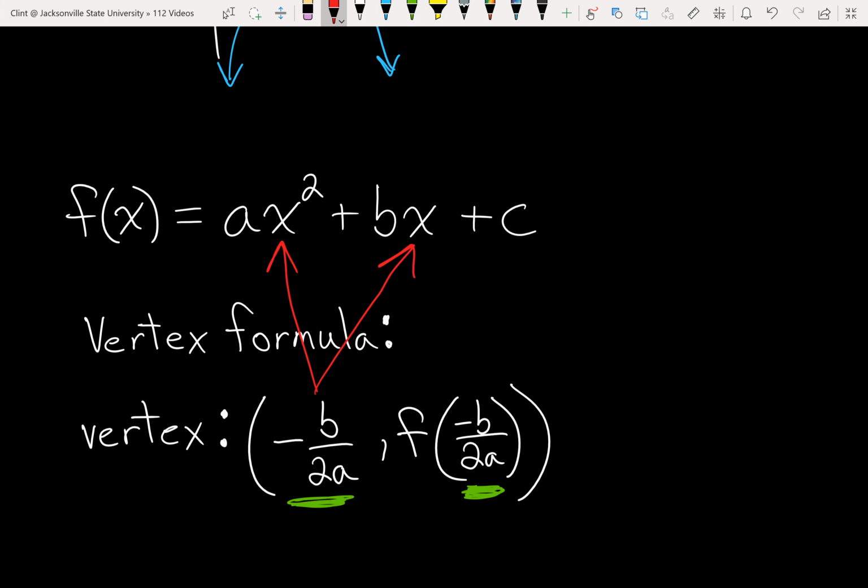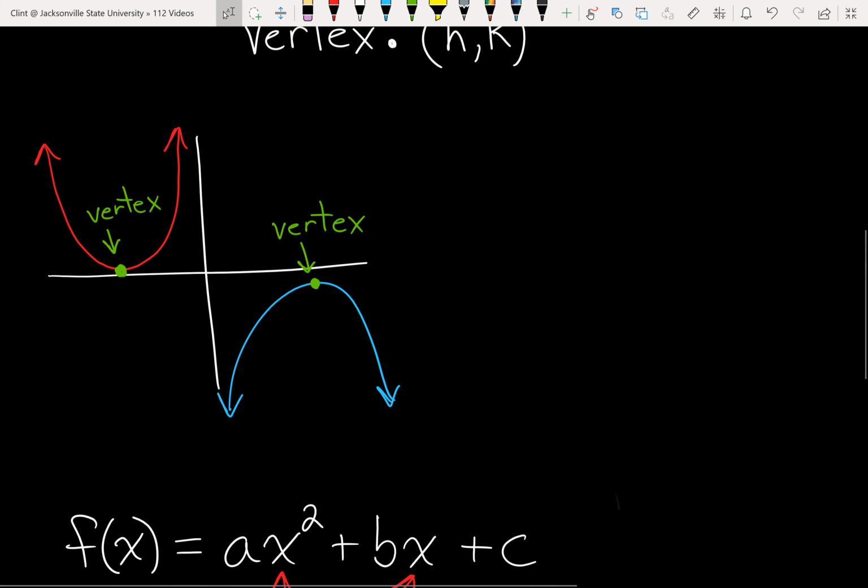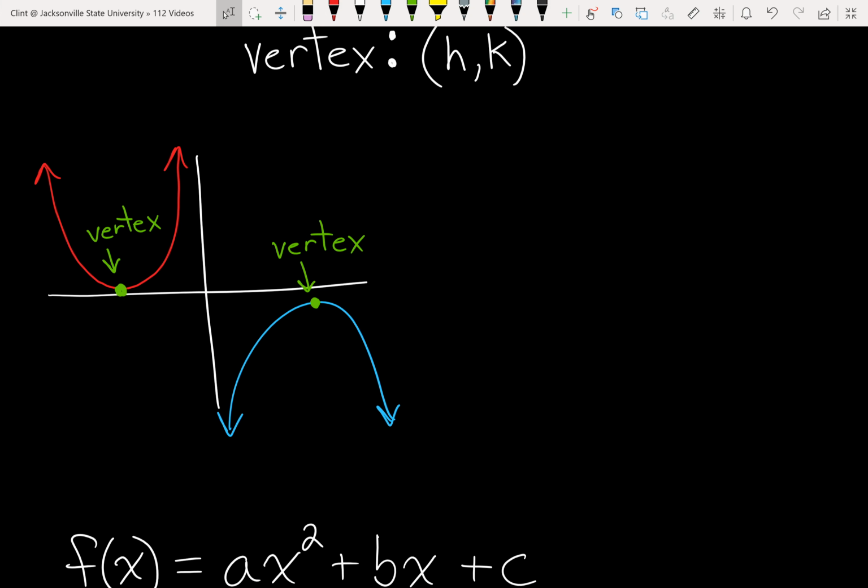Okay, something else important. We said when we're thinking about these, our vertex is either the very smallest point on the graph or the very biggest point on the graph. So we need to talk about how we know if our parabola opens up or if it opens down.